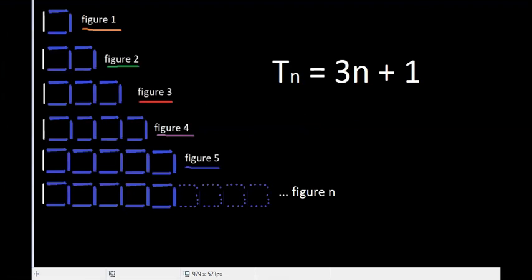And also knowing that this formula that we found works for any given train of squares. So for any n figure, we have that the total toothpicks equals 3 times that figure, or 3 times that number of squares, plus 1.